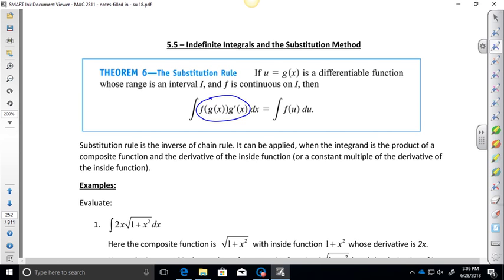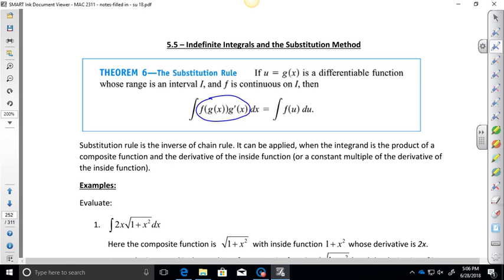You cannot apply substitution for all problems. It has to be in a specific format: a composite function times the derivative of the inside function. Then you can apply substitution.